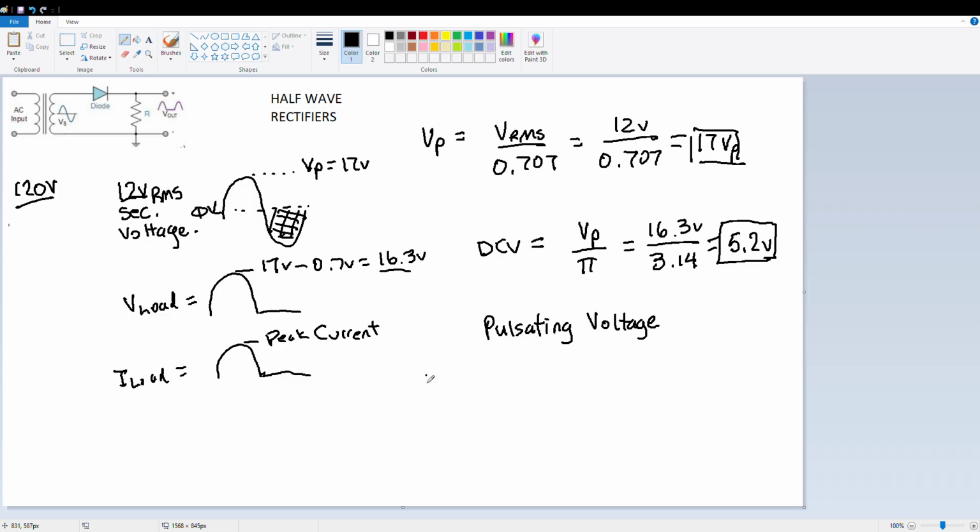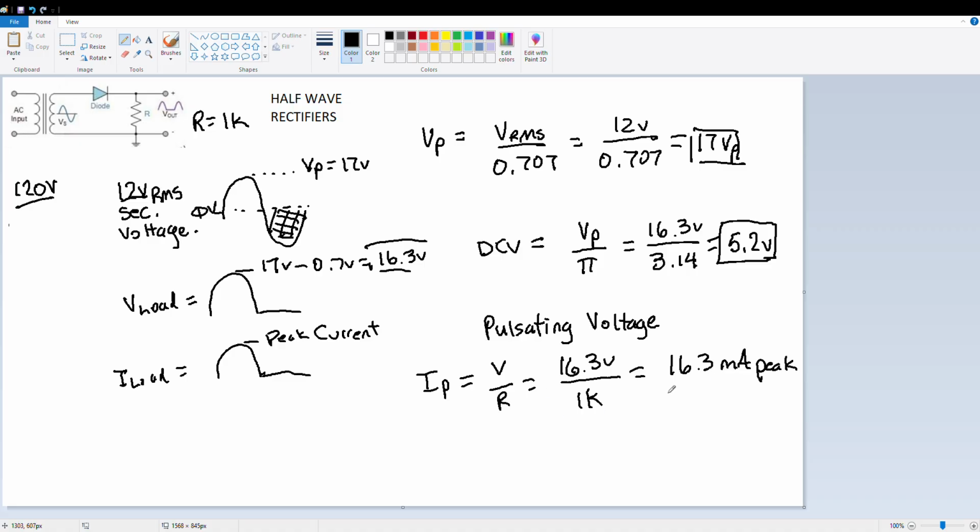So the peak current, I peak, is going to take our peak DC voltage right here. I is equal to V over R, if you'll remember. So it'll be our V peak, which is 16.3 volts, divided by whatever value our R is. Now we'll assume here that R is equal to 1K ohm, to make our calculations pretty easy. 16.3 volts divided by 1K is going to be 16.3 milliamps peak.